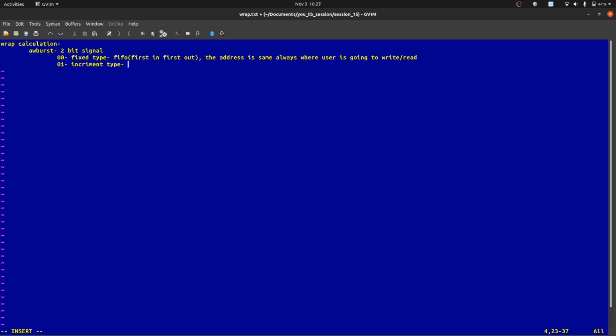That means like sequential memory, where the address will be in increment format.